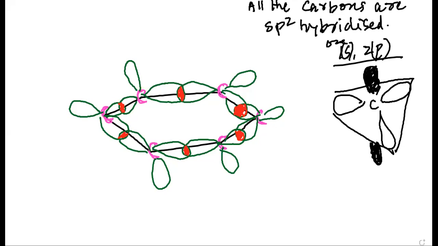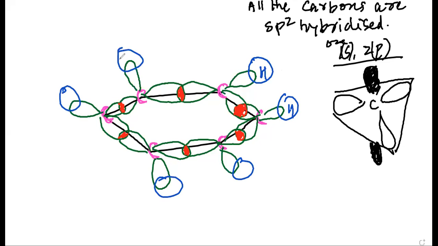Now, my dear students, we can move and understand the overlap with the hydrogen. Each carbon is bonded with a hydrogen. So this is how we represent this hydrogen. These all six carbons are bonded with six hydrogens in this manner, and again they have this overlapping.